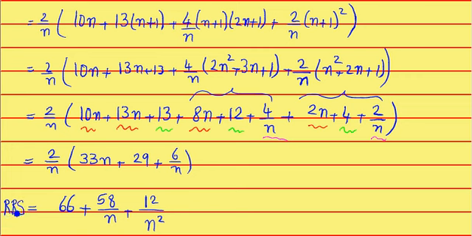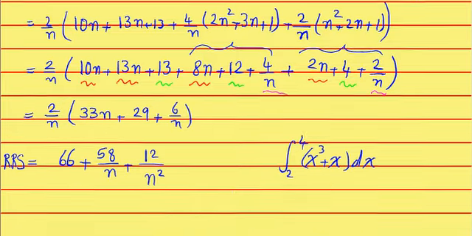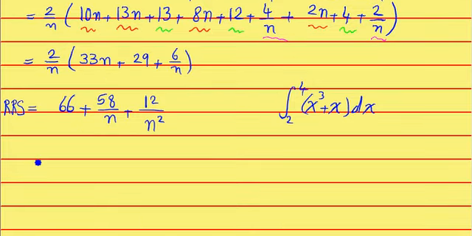Write the Riemann sum for the integral that we had. This integral from 2 to 4 of x cubed plus x dx is this. Now, what is the value of the integral? This integral that we want to calculate, from 2 to 4 of x cubed plus x dx.